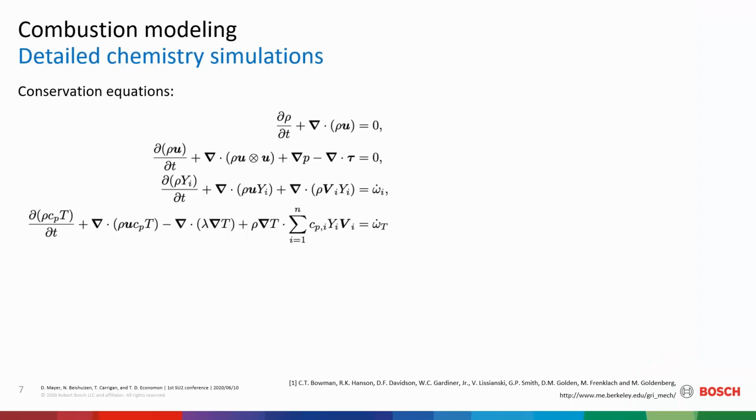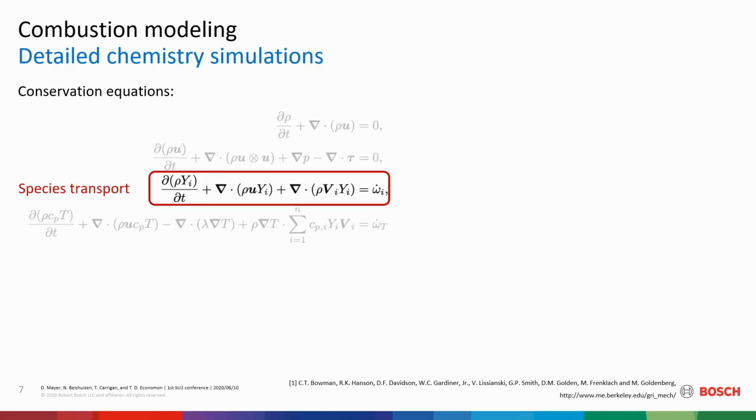One of the most accurate ways to describe reactive flows are detailed chemistry models. And the idea of detailed chemistry models is to transport mass fractions of species explicitly. So you will have an underlying reaction mechanism, and then for every species you will solve a balance equation here.